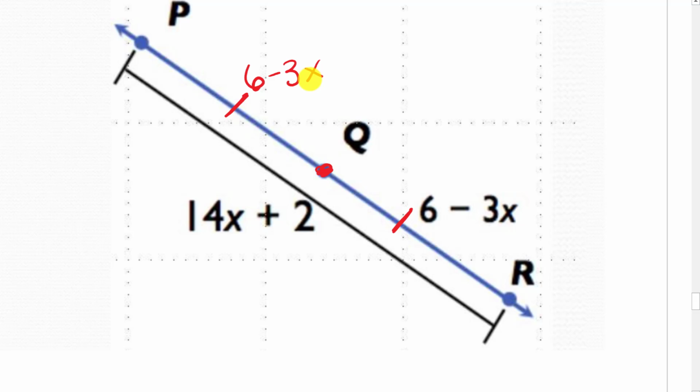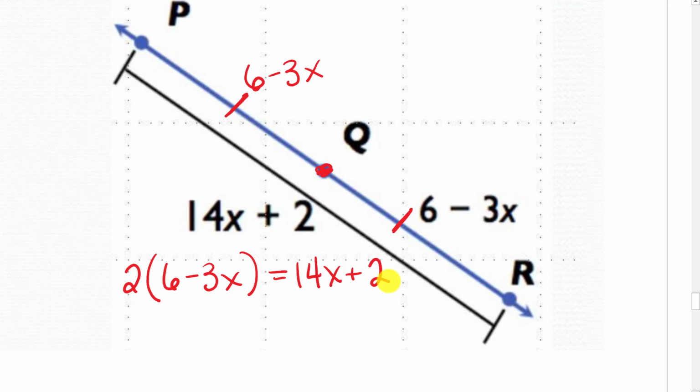You could set this up one of two ways. You could think about, all right, well, I need 6 minus 3x plus another 6 minus 3x should equal 14x plus 2, right? So I could say it like this: 2 of the half segments should equal 1 of the entire segment.